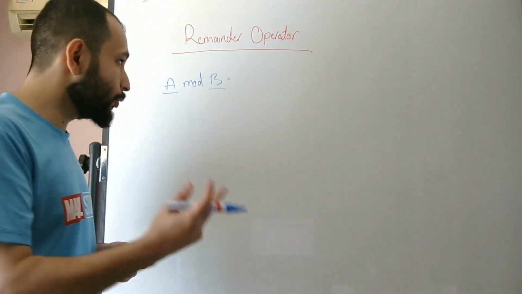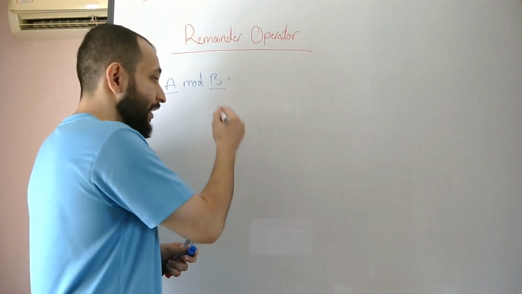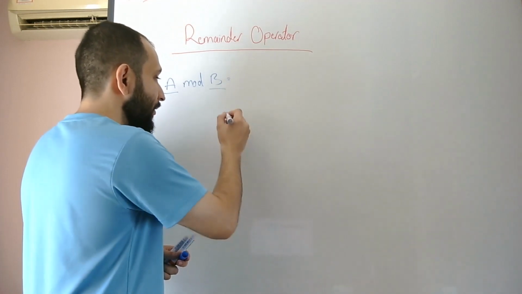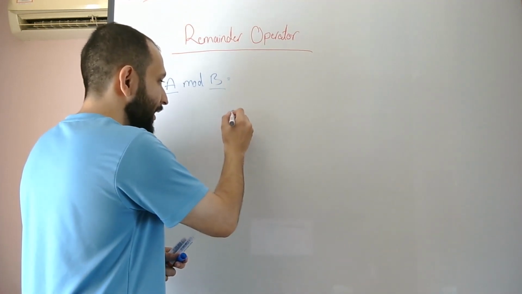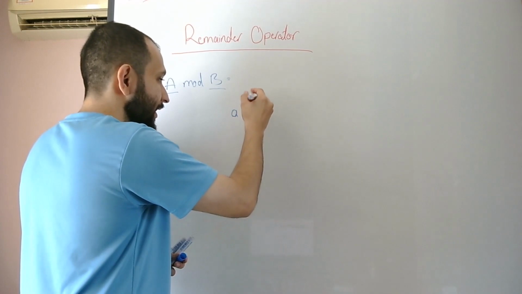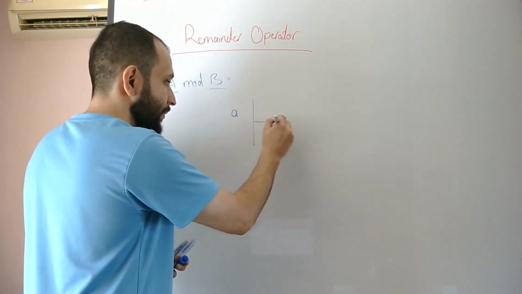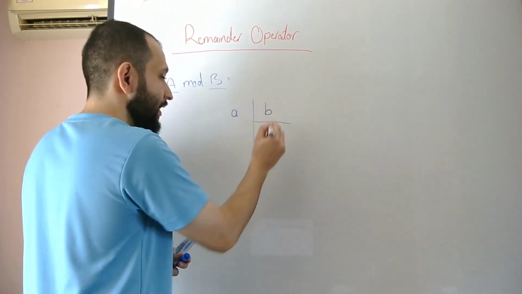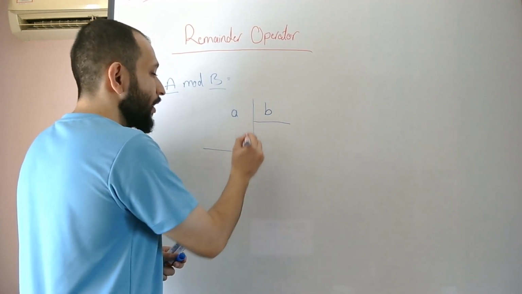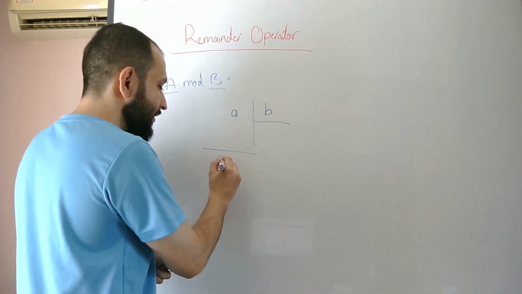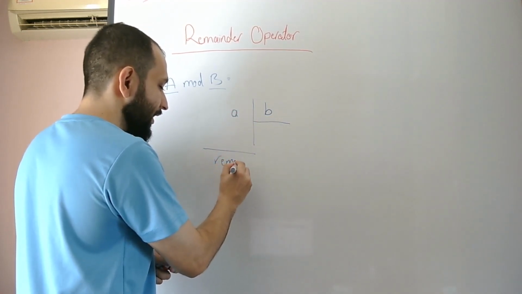If we have two numbers, specifically integer numbers, for example a number A, and this number A is divided by number B, then what would be the remainder? The remainder is going to be in here, right?